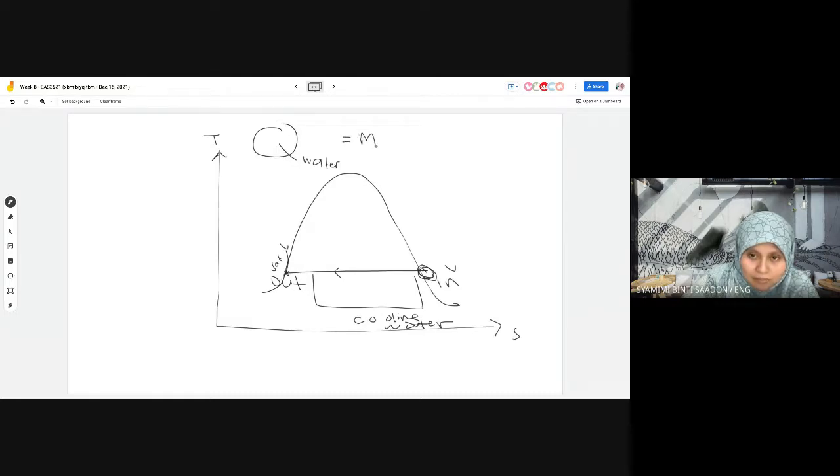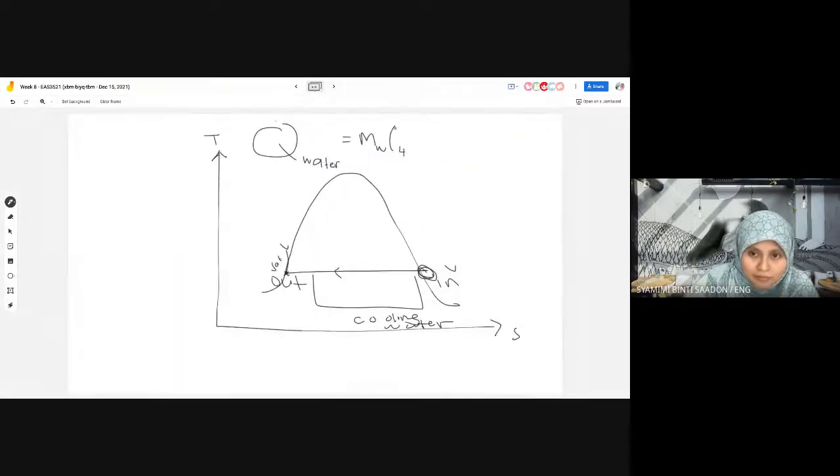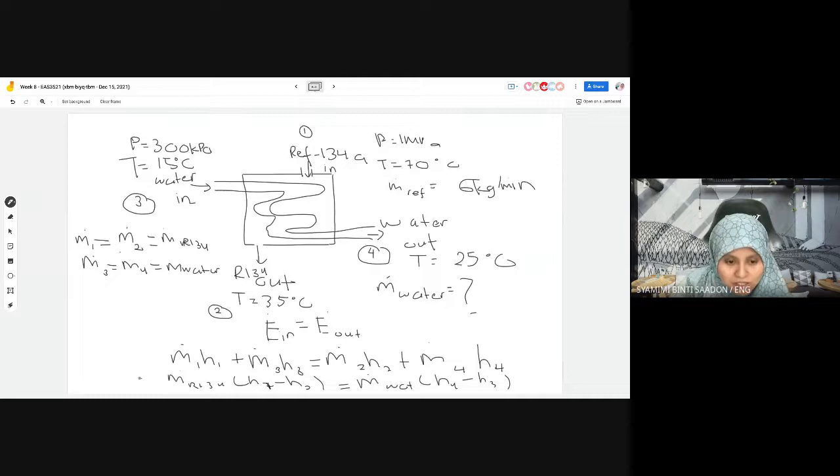Now we know the M water from the first question, so water just now, H4 minus H3. So you have your Q, the heat transfer rate of the process between refrigerant and water.